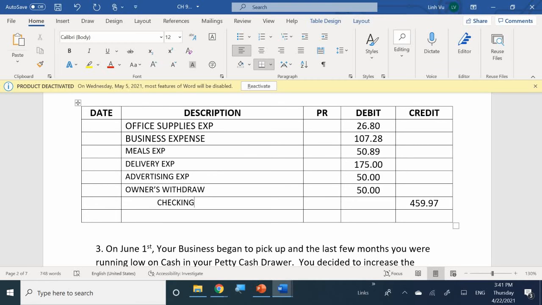You're exchanging the receipts for cash to put back into the petty cash fund. So for February, you have a total of $500 in your petty cash fund. Any questions on how to replenish the petty cash fund?